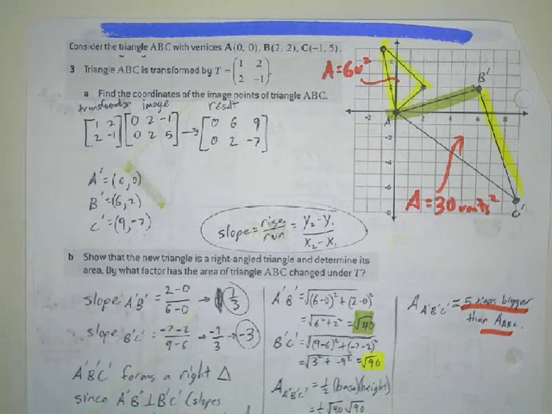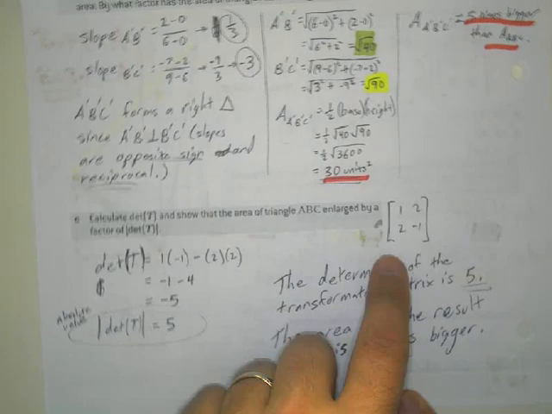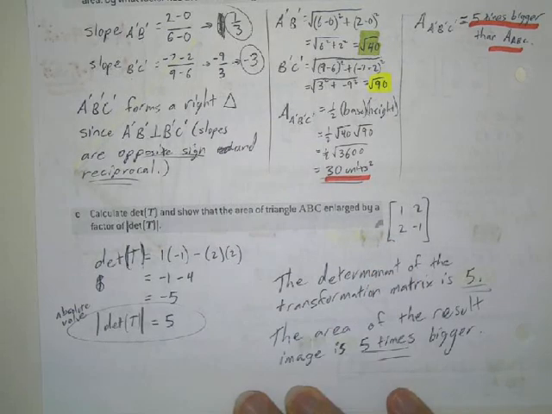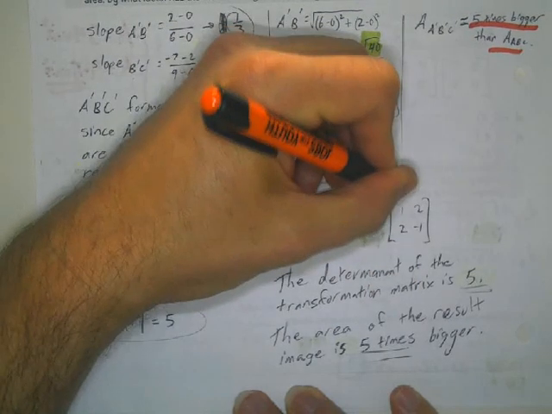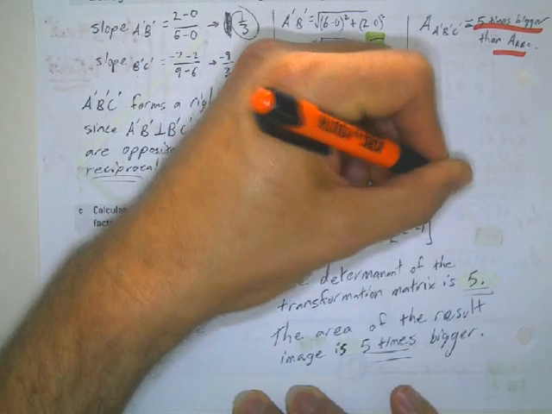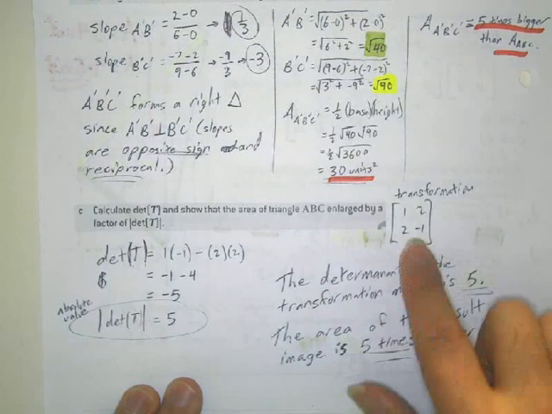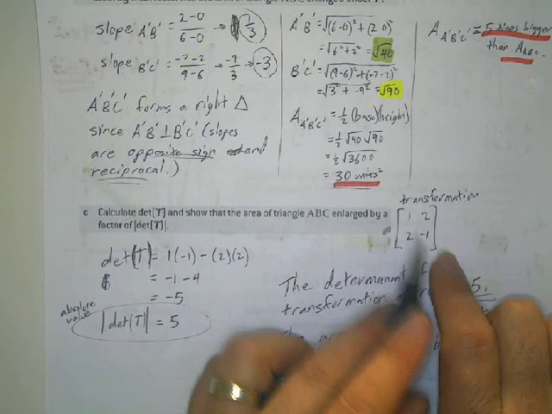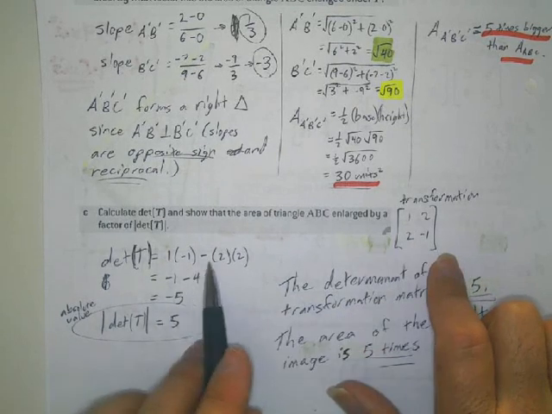Okay. Part C says calculate the determinant of our transformation matrix, right? This was our transformation matrix. So we calculate the determinant of our transformation matrix. We get 1 times negative 1 minus 2 times 2.